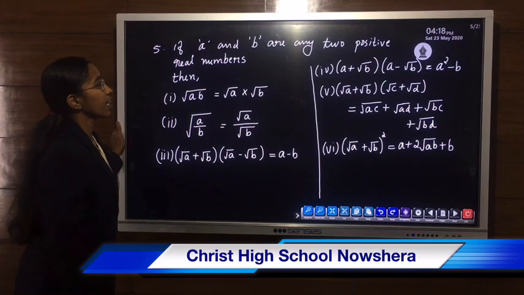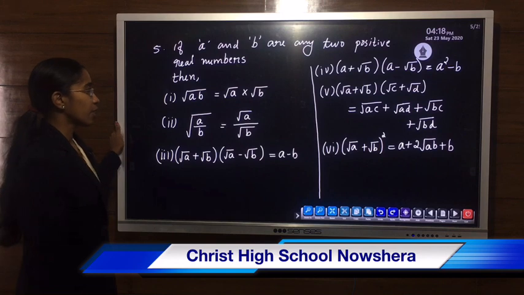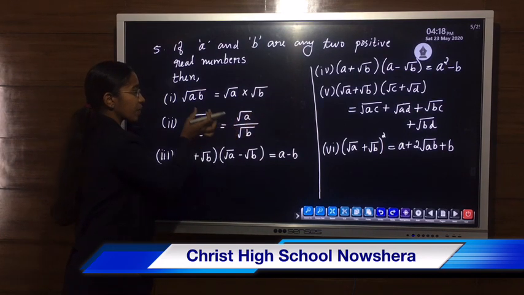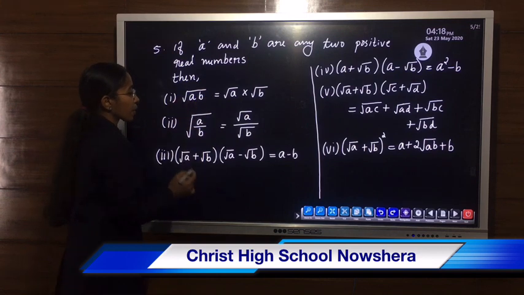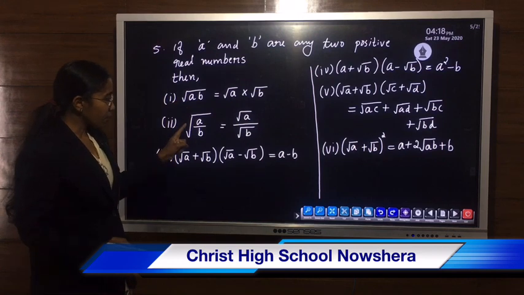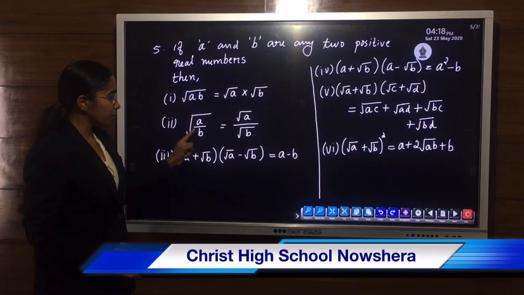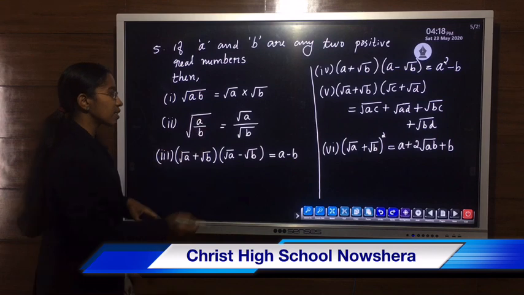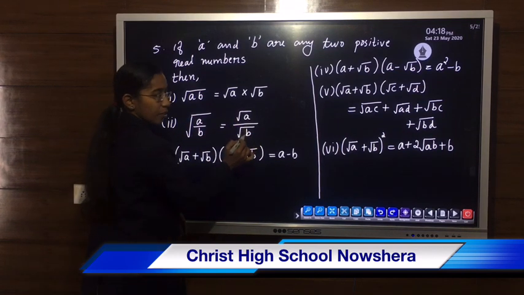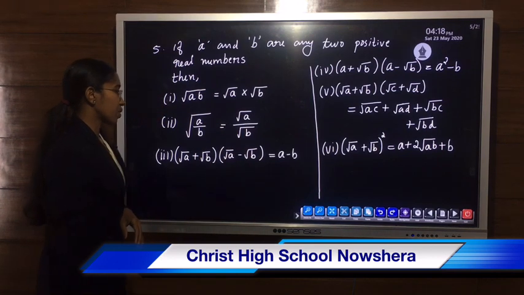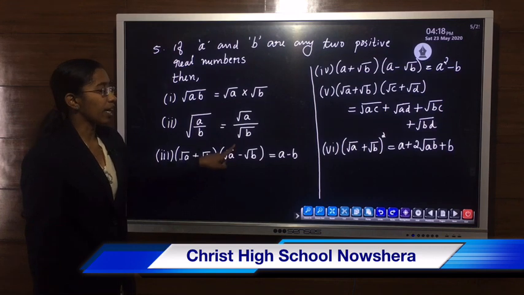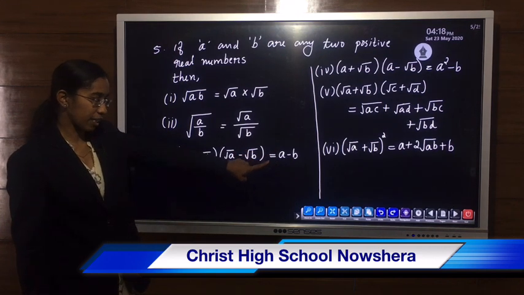If a and b are two positive real numbers, then root of ab is equal to root a into root b, which means we can split these numbers, or root of a by b. This root applies to both a and b, so here also we can split this root for numerator and denominator. That is root a divided by root b. And third equation, root a plus root b into root a minus root b is equal to a minus b.